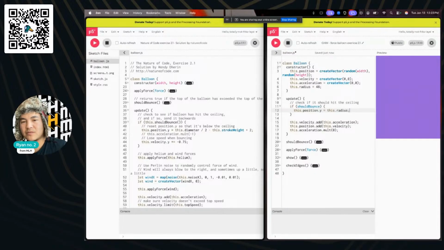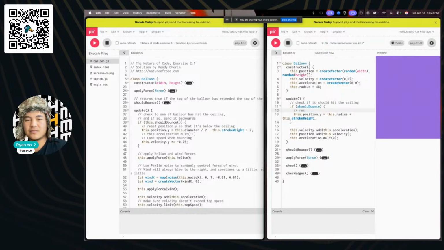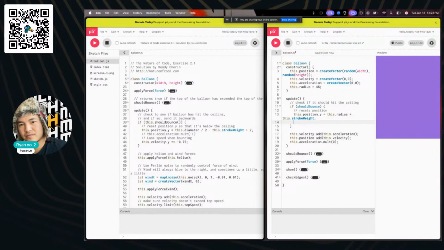I guess we're just resetting it back to wherever the radius is, plus this dot stroke weight, not width. Okay, so this just resets. And then we slow it down, so that is this dot velocity dot y times equals negative 0.75. Okay, that makes sense.